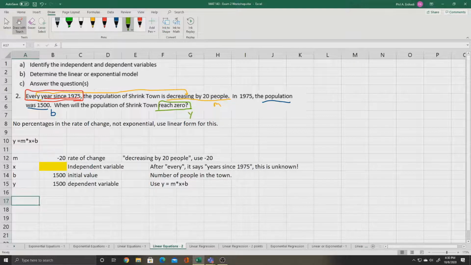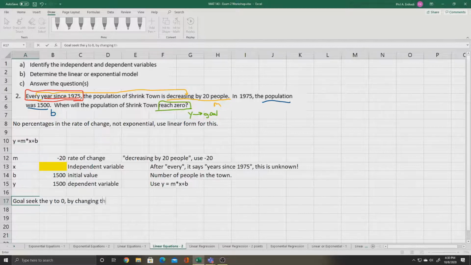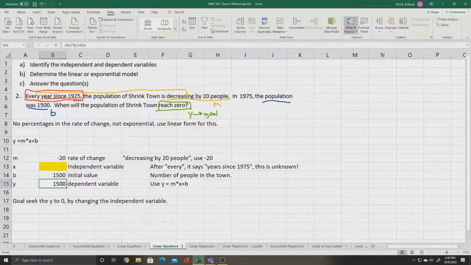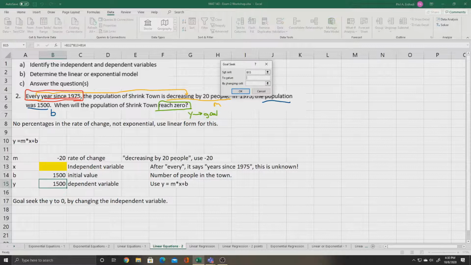They've given us a y again, which means we must use goal seek. So let's goal seek the y to 0 by changing the independent variable. So click the y, go to data, what if, goal seek. The to value is going to be 0.